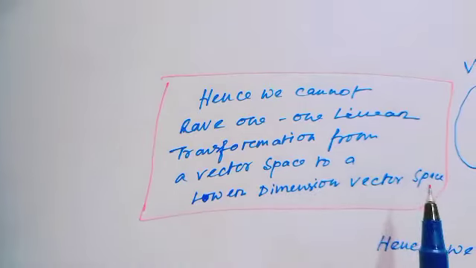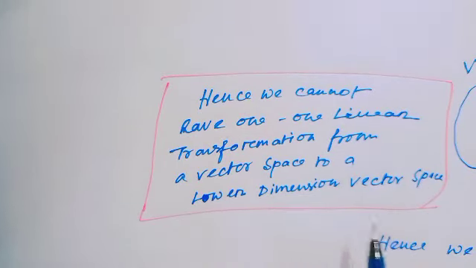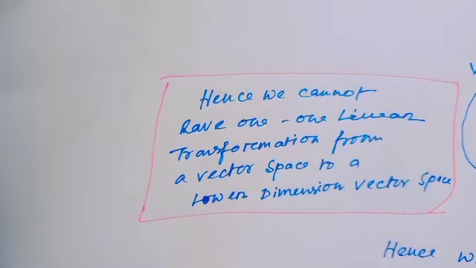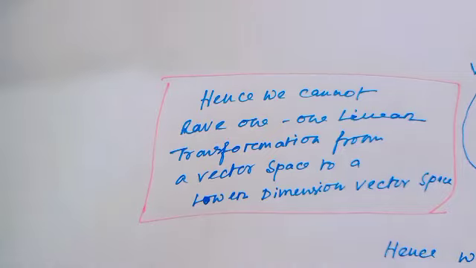Hence, we cannot have any 1-1 linear transformation from a vector space to a lower dimensional vector space. This is an easy method to find whether a linear transformation is 1-1 or onto. For competitive exams, to find whether a linear transformation is 1-1 or onto, this is very important. So, I will highly recommend you, please see this video with attention.